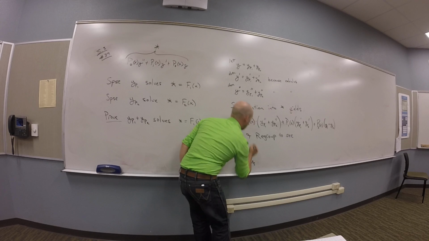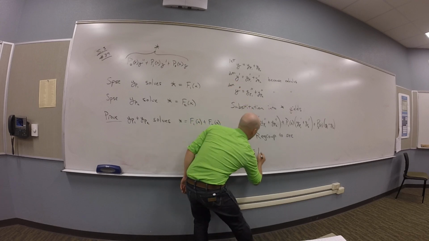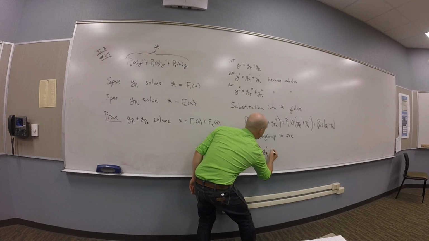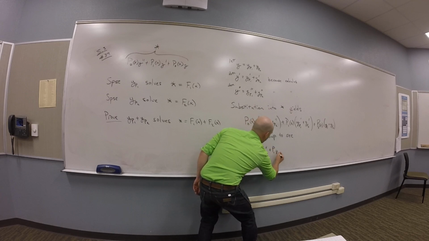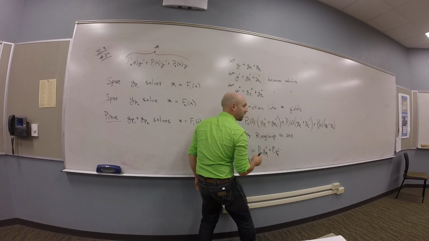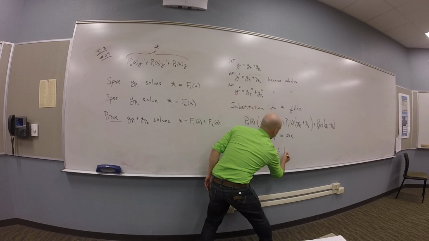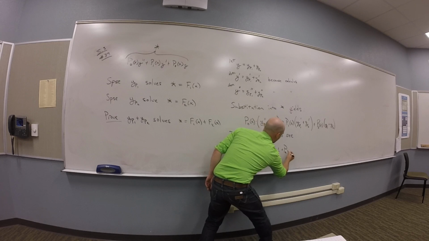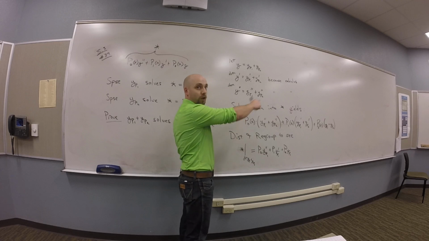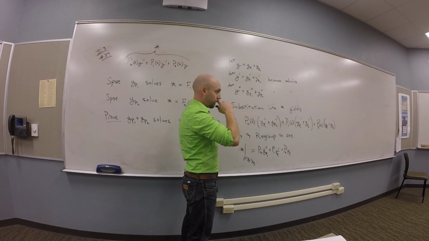And that's going to equal, so if I distribute and regroup, I'm going to get P0 yp1 double prime plus P1 yp1 prime. Oops, I forgot the x's here. Putting the x's in as appropriate. Plus P2 yp1. So that's the first term out of each thing.